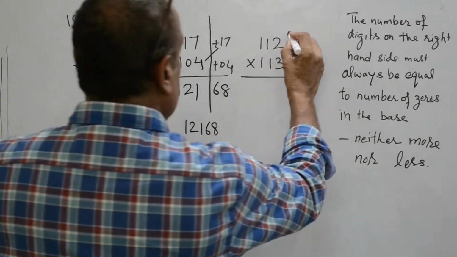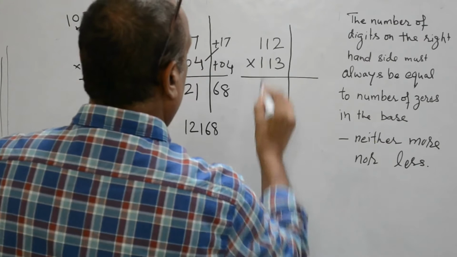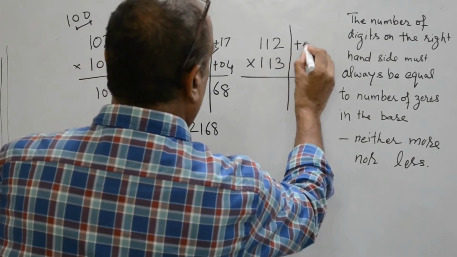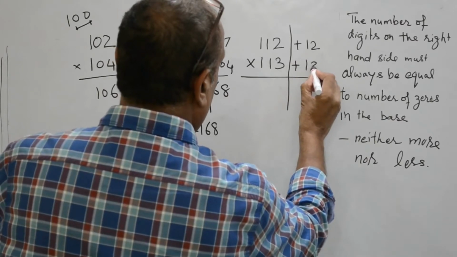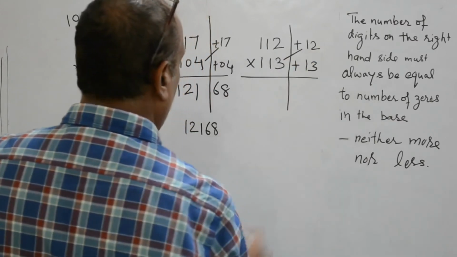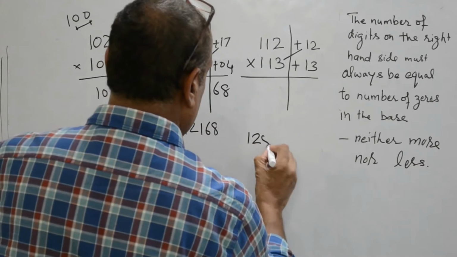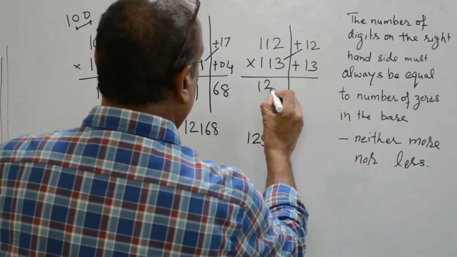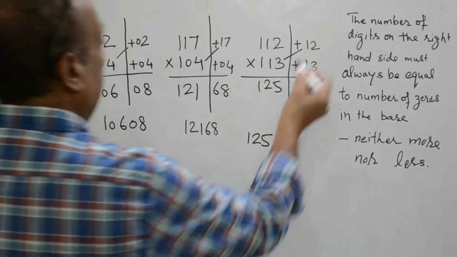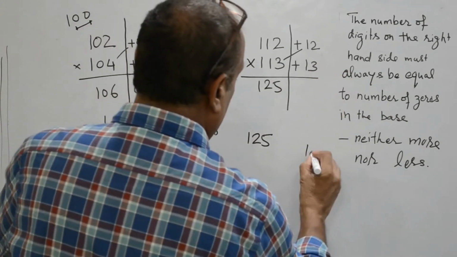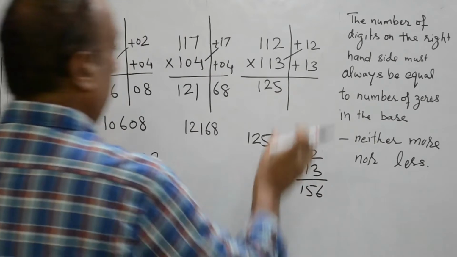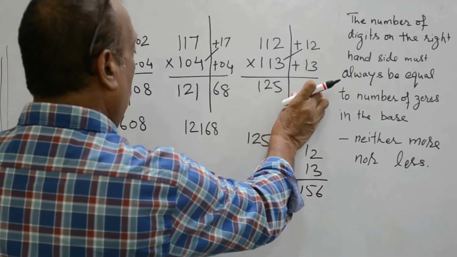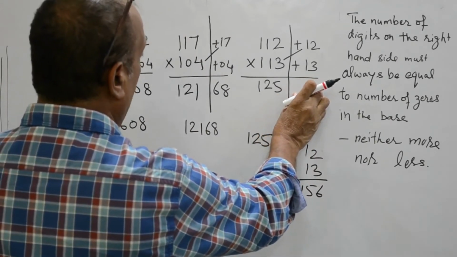And in this case, this is 12 more than the base, and this is 13 more than the base. On adding these, we get 125. When we multiply 12 and 13, we get a 3-digit number. It is 156. As per the rule, we can have only a 2-digit number over here.